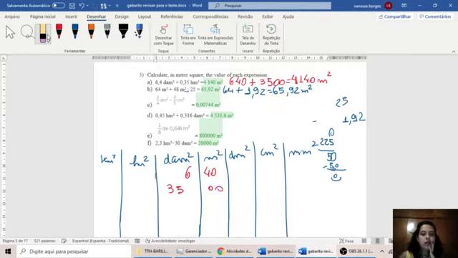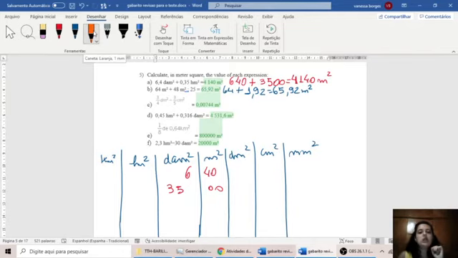Then we have letter C, which gives me two fractions. So 3 over 4, 0.75 decimeter square.